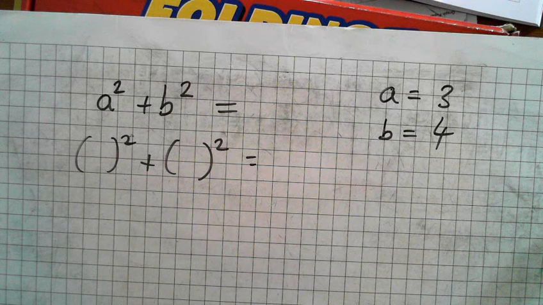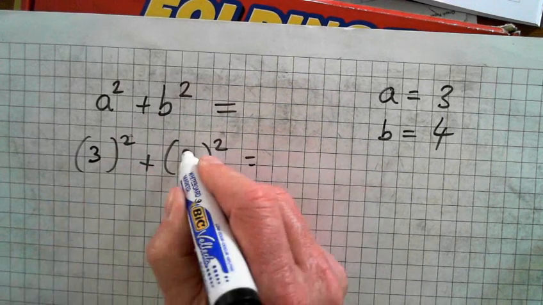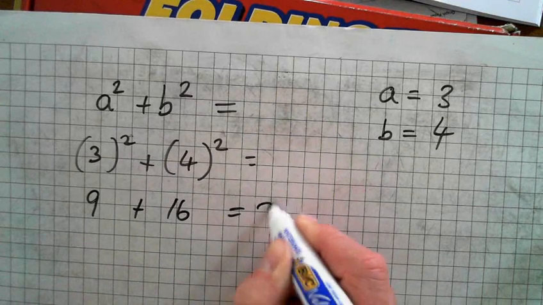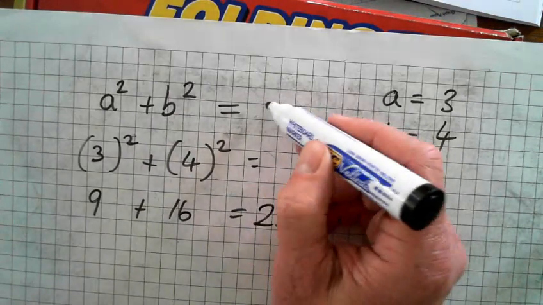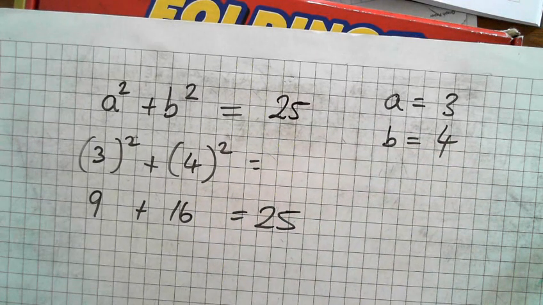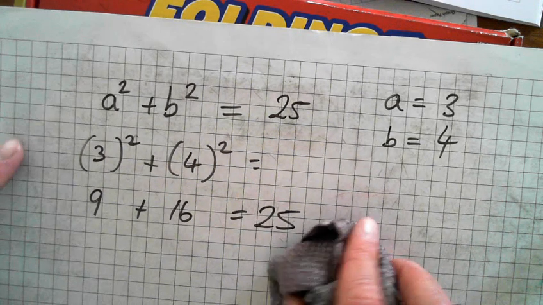Alright. 25, yeah. So you put the 3 in, you put the 4 in. So you got 9 plus 16 is equal to 25. So A squared plus B squared is equal to 25, isn't it? Right, the next part of the question. Remember, A squared plus B squared is equal to 25.